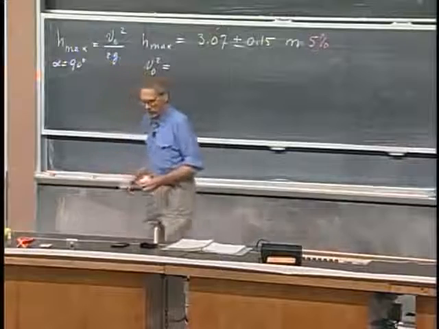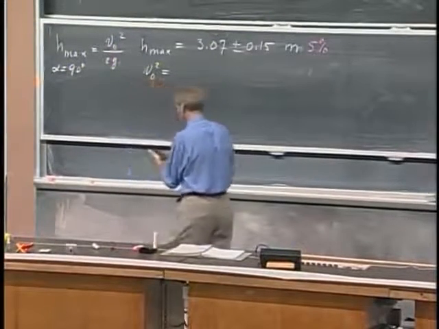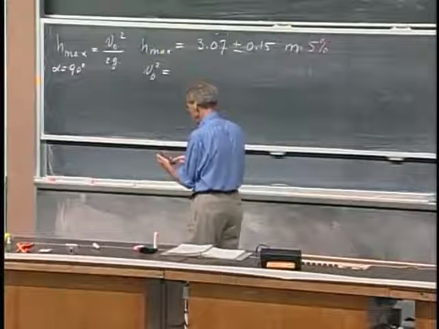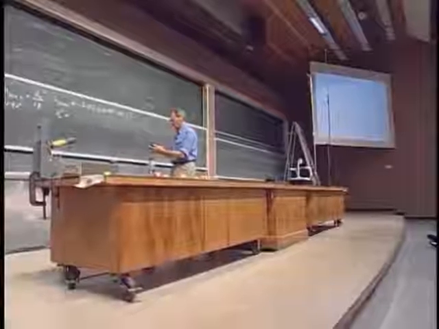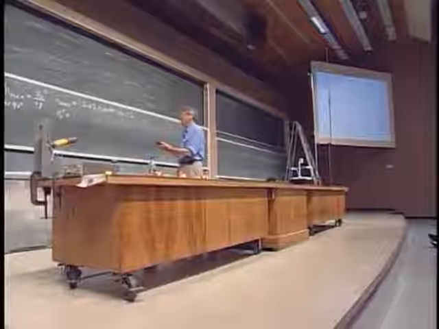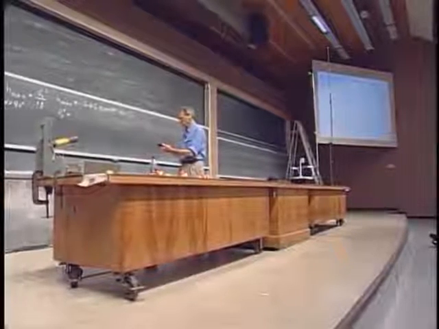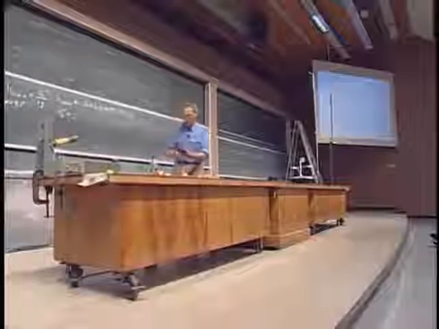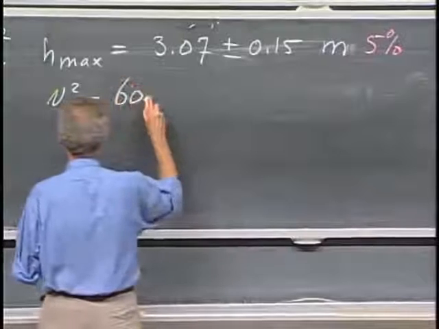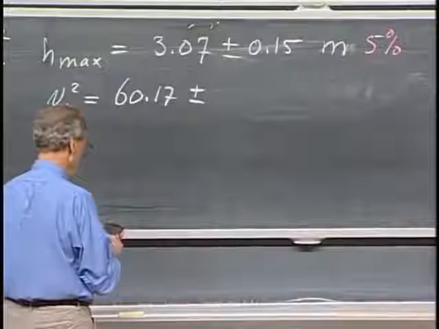Well, that's easy to calculate now. v0 squared equals 3.07 times 2 times 9.8. Oh, my calculator was off. That's a detail. 3.07 times 2 times 9.8. That is 60.17. I'd like you to check that. 60.17 plus an error of 5%.